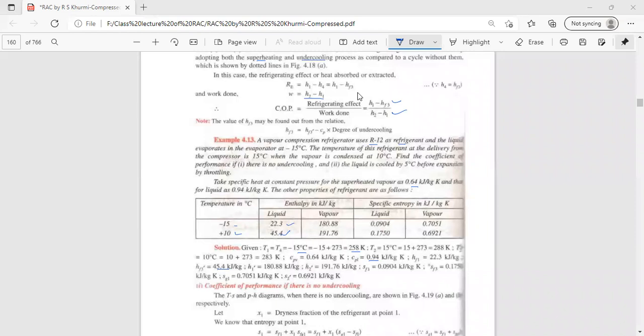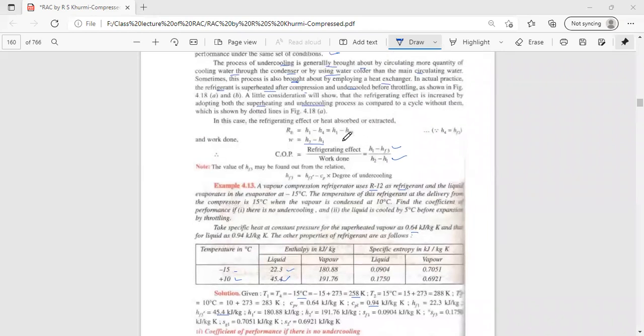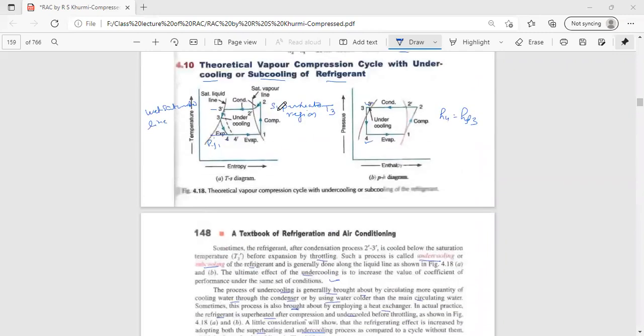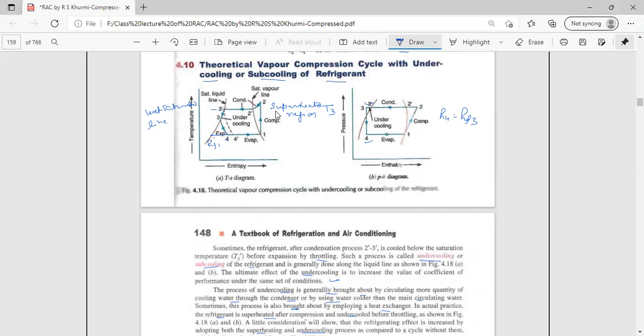So hf3 is the enthalpy at point 3 dash at high temperature, when the temperature is more or less 10 degrees centigrade.